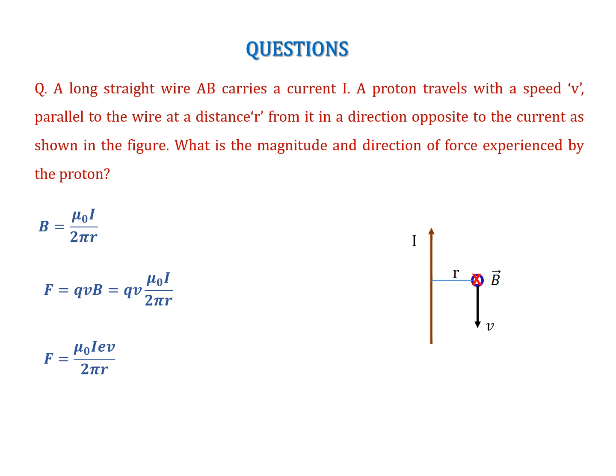The charge on a proton is the same as the charge on the electron, but positive. So force is mu naught I e v upon 2 pi r. Using Fleming's left hand rule, we can find out the direction of force, and the proton will be repelled by the current carrying conductor. The force is repulsive.